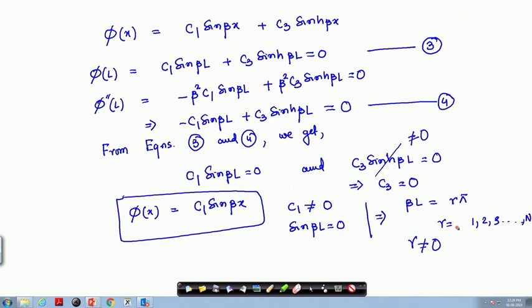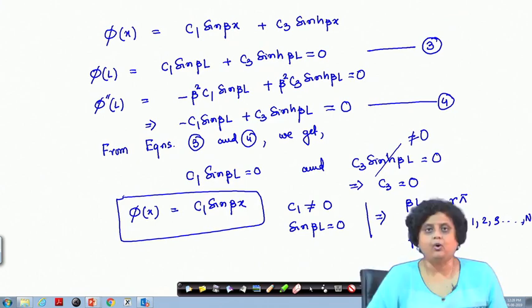I should mention here that r equals 0 also cannot be a physical solution, because r equals 0 denotes beta equals 0, which in turn denotes omega equals 0. Omega equals 0 is a possible solution only when there is a rigid body mode. So, we have seen earlier, when a system has a rigid body mode, the natural frequency is 0, but since the simply supported beam has no unconstrained degree of freedom, it cannot have a rigid body mode.